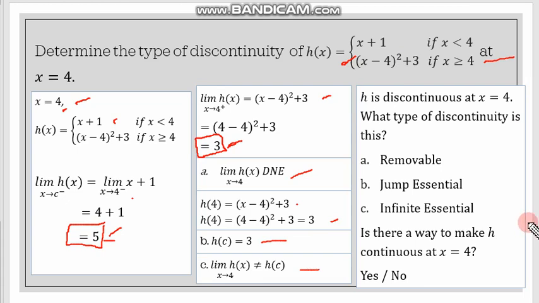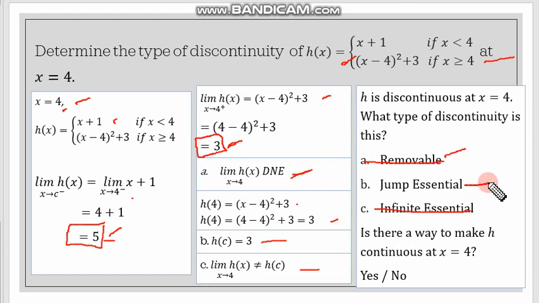Okay, so obviously the answer is not letter C, infinite essential, because we are not dealing with infinity in this problem. If you answer letter A, removable, this is also wrong because according to the removable discontinuity, the limit must exist. In this case, the limit is DNE or does not exist.